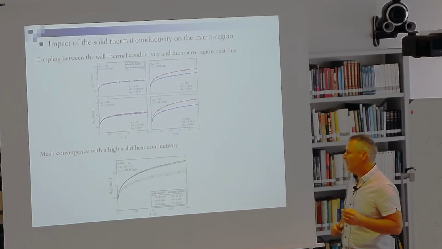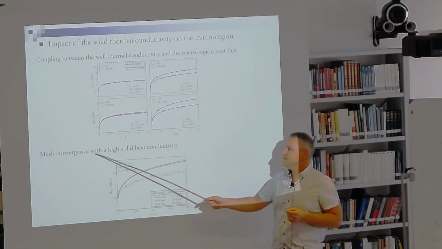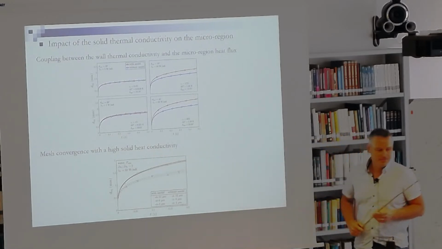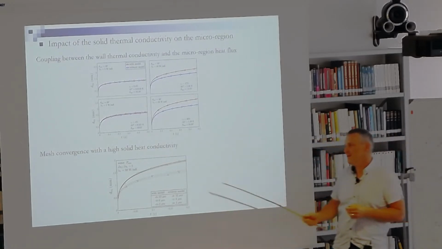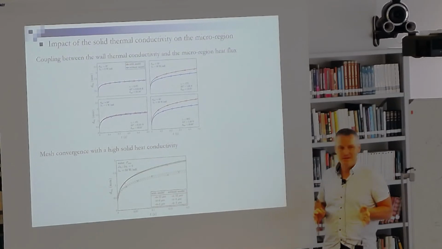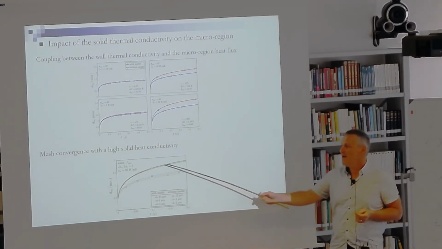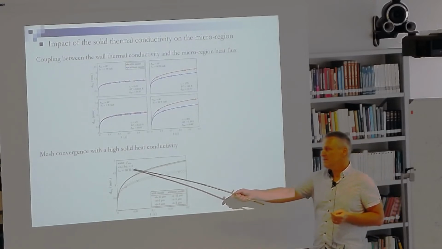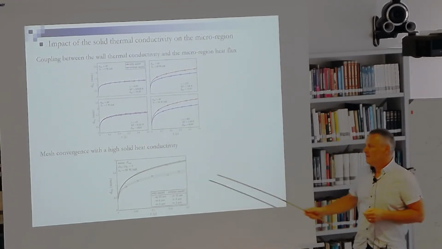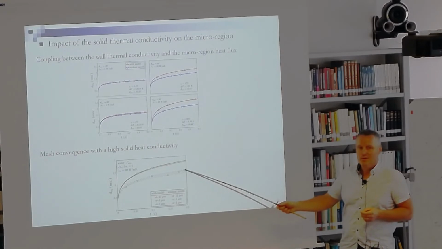Finally, another interesting property is the mesh convergence with high solid heat conductivity. So if we do not use any model at the contact line, we observe that for high wall thermal conductivity, convergence is not evident.